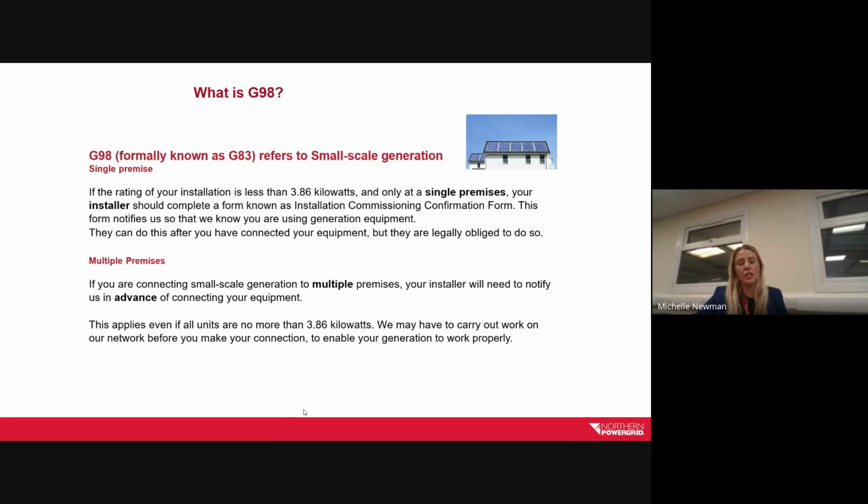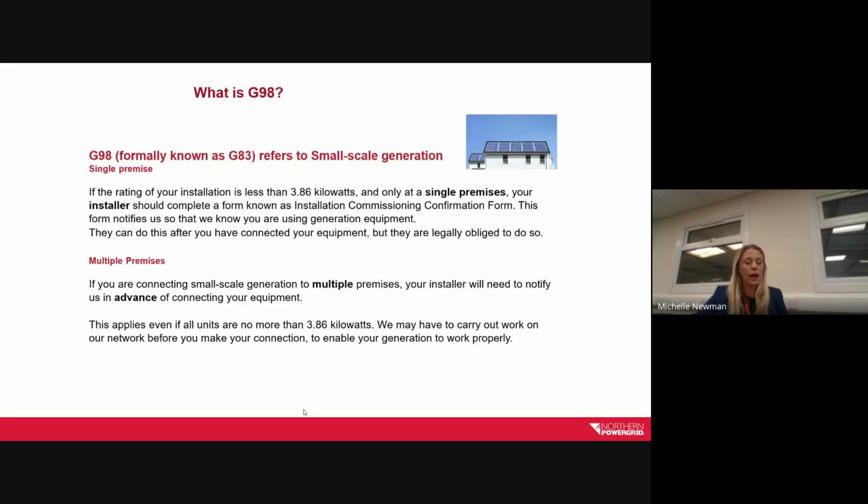Basically, if the installation is less than 3.86 kilowatts and only at a single premise, then there's no need for the installer to inform us prior to connection. They do need to notify us that they are connecting the equipment, but this can be done after the connection is made, and they need to fill in an installation commission and confirmation form. It's a free form, but it's something that they're legally obliged to do.